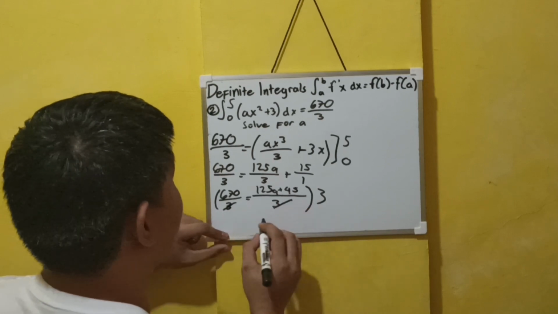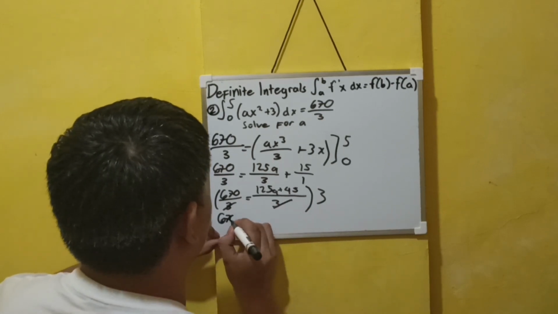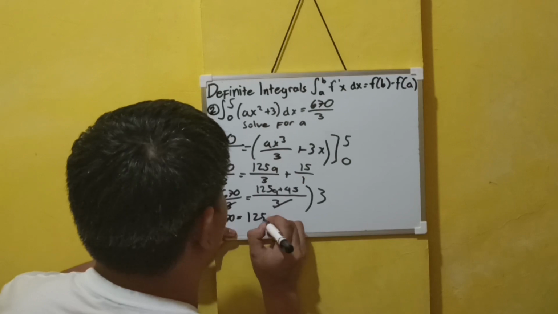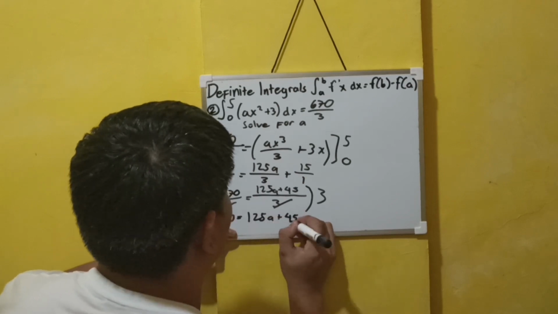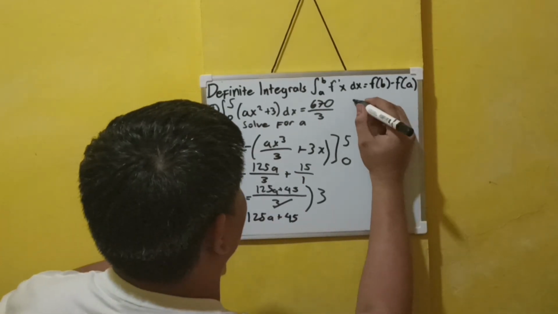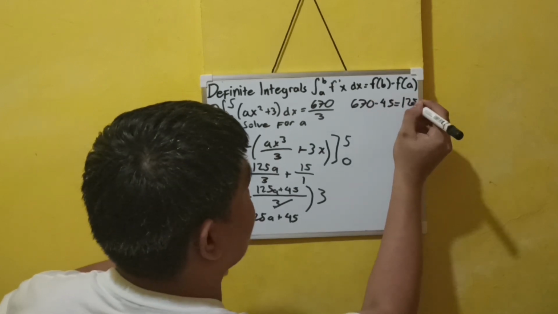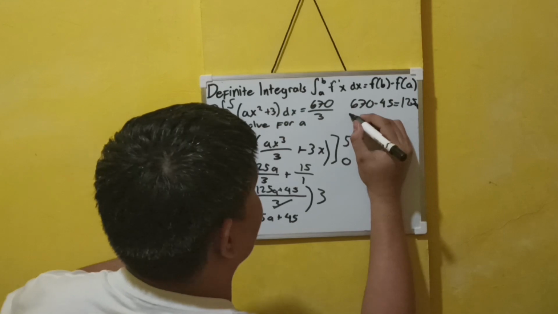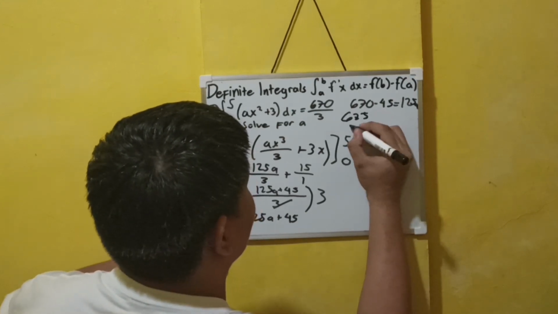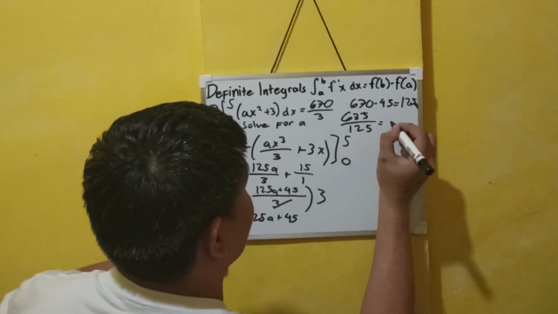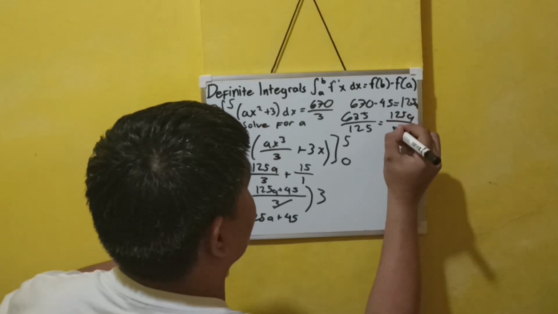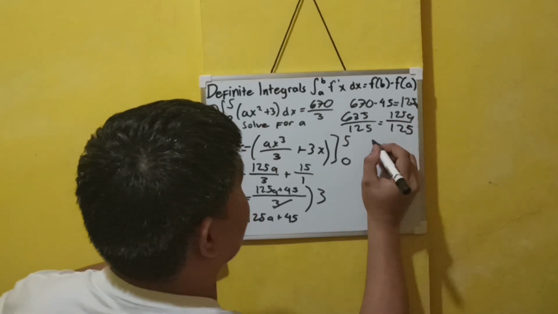This will leave us with 670 equals 125a plus 45. Transpose 45, so we'll have 670 minus 45 is equal to 125a. 625 is equal to 125a. Divide both sides by 125. Therefore, the value of a is 5.